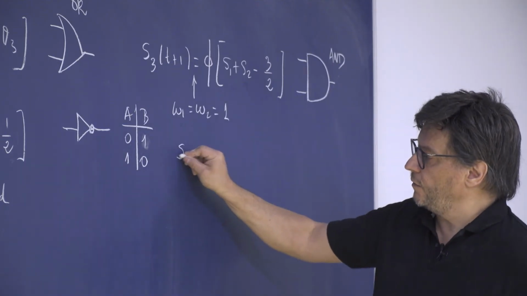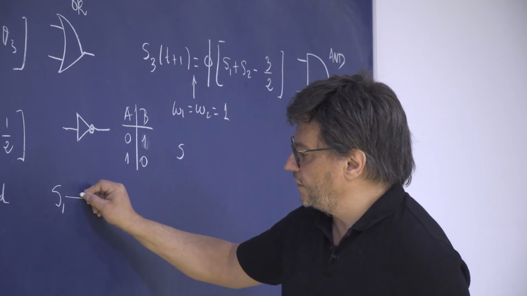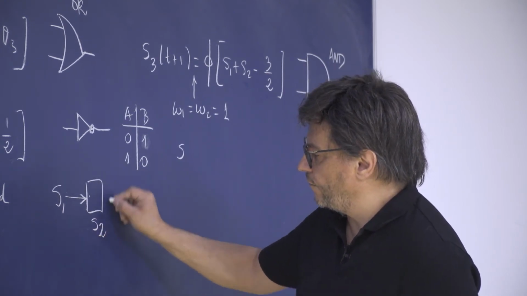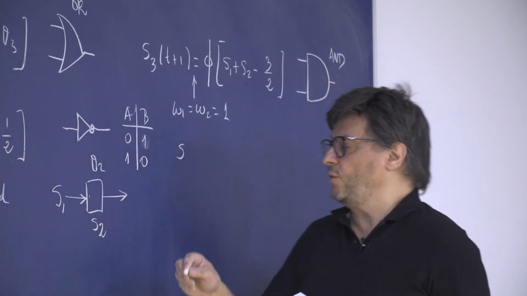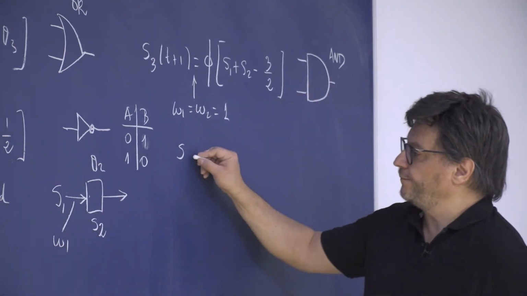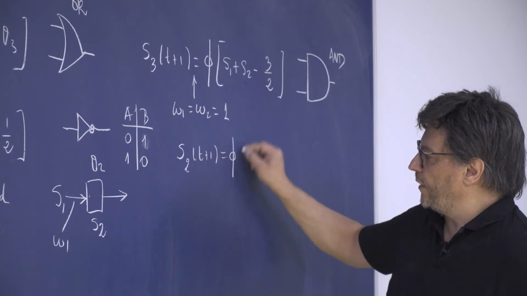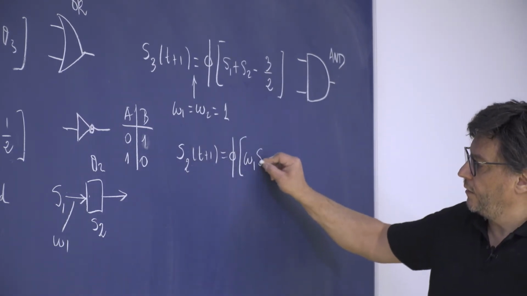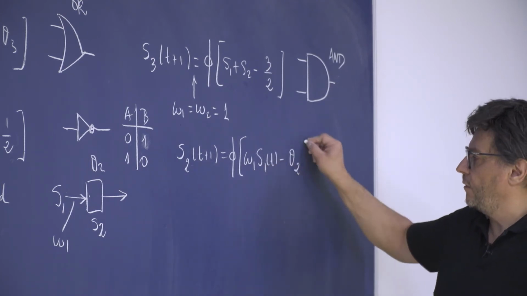And so if I do that in terms of a neuron sending a signal to my other neuron, which has a threshold, here it's very easy to see what happens, and I only have one weight. So my neuron 2 will react in which way? Omega 1 is 1 minus the threshold.